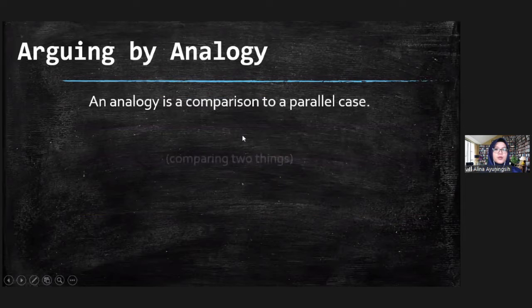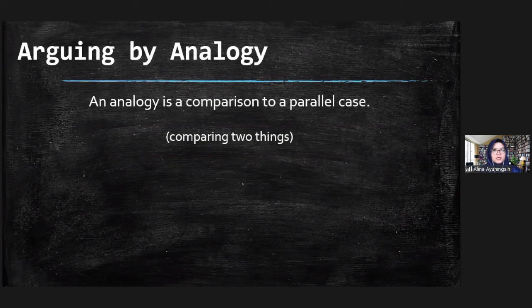Of course, arguing by analogy is widely used by authors to make their readers really understand what they are saying in their argumentative essay or article, so that readers can easily accept the author's opinion.